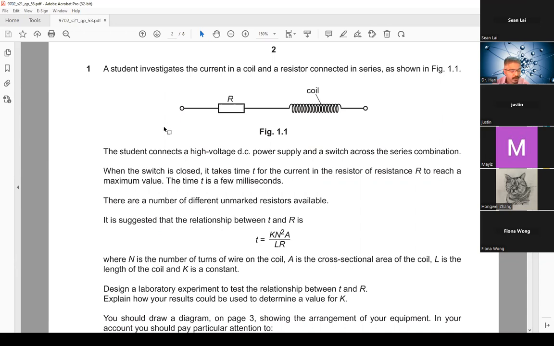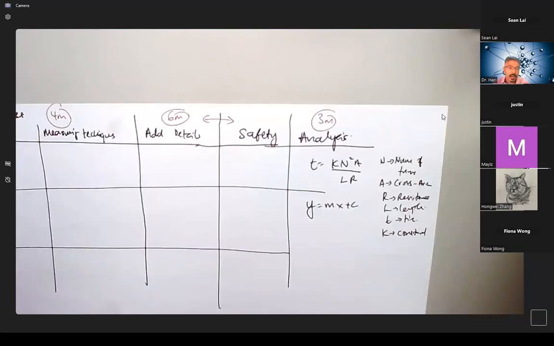The student connects a high voltage power supply and a switch across the series combination. When the switch is closed, it takes time T for the current in the resistor of resistance R to reach a maximum value. So T depends on R. It's not something instantaneous, right? It takes a particular time.